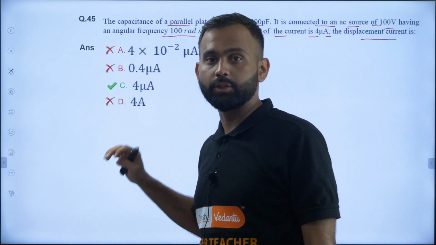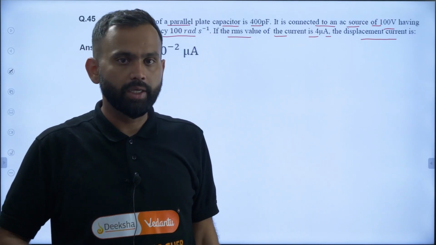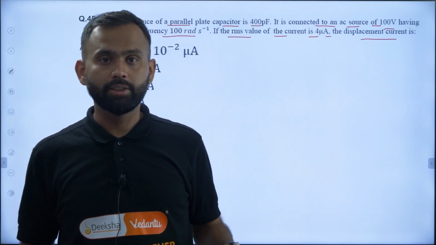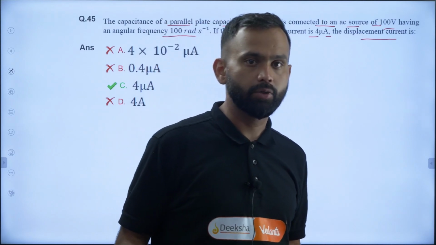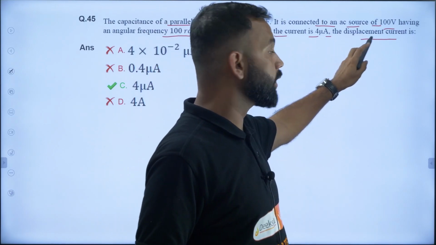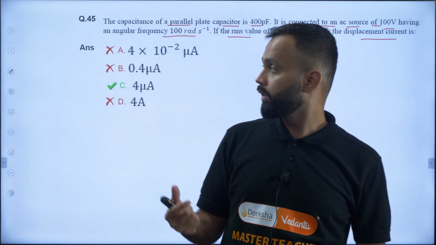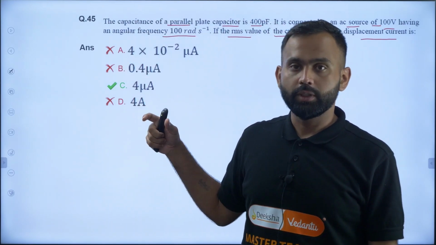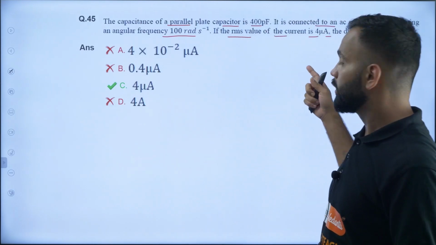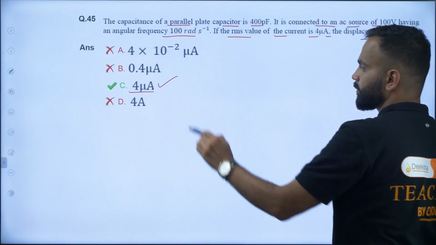If the source is DC, then the conduction current is not equal to the displacement current. Here the source is AC, therefore the conduction current, that is IRMS, is equal to the displacement current. The correct option is C.